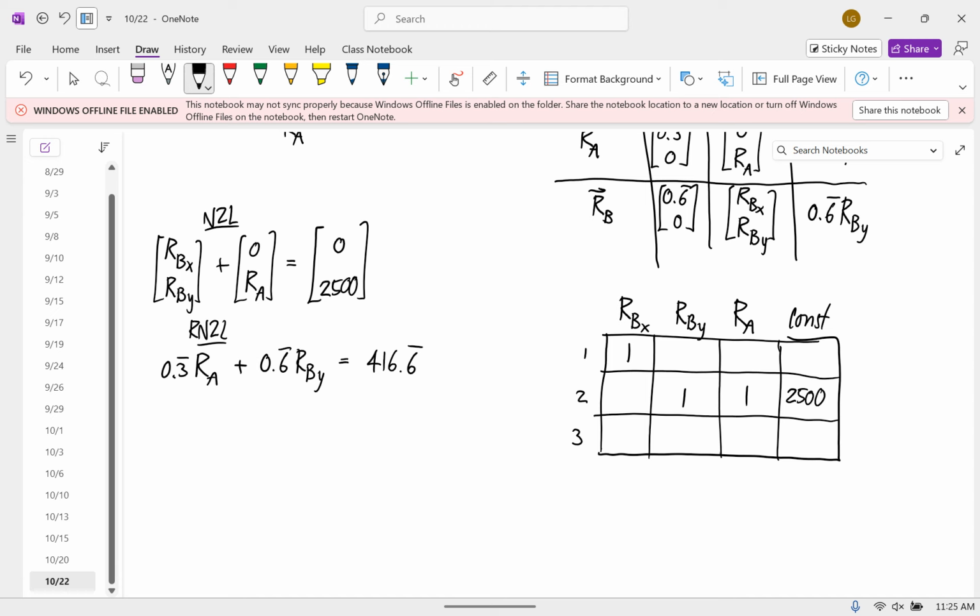Then RA 0.3 repeating, RBY 0.6 repeating, constant 416.6 repeating.